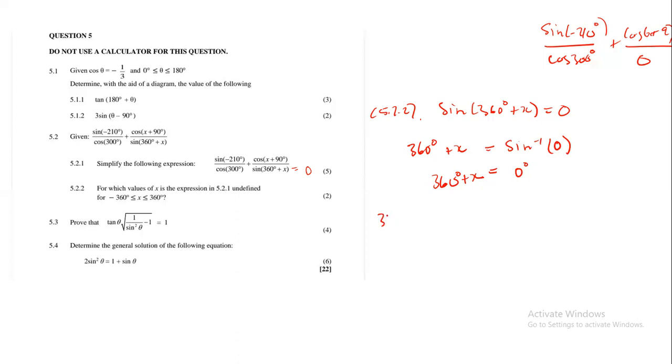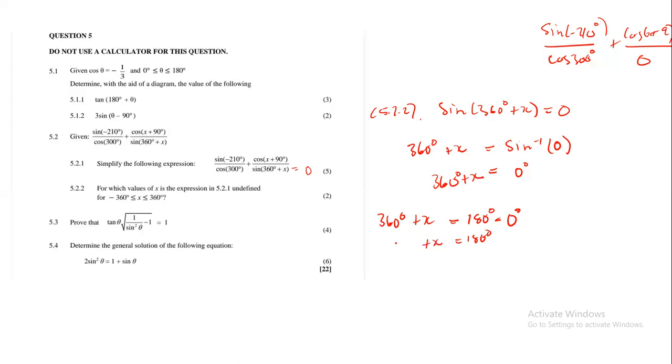So I'm going to say 360 degrees plus x is equal to, in the second quadrant, 180 degrees minus this angle, which is 0 degrees, plus k times 360, whereby k is an element of integers. But I'll do this k business when we do the general solution, not here. And therefore 180 minus 0 is 180 degrees.